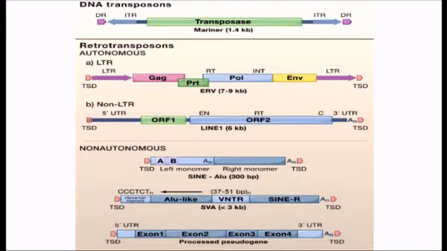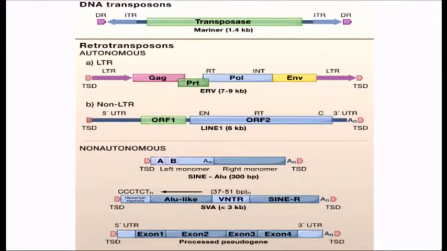For retrotransposons, we've got a couple of kinds of autonomous ones. We've got long-terminal repeat, or LTR, retrotransposons, which look a little like retroviruses. They've got GAG, POL, and envelope genes. These are endogenous retroviruses. They're stuck in our genome because they have a lousy envelope gene.